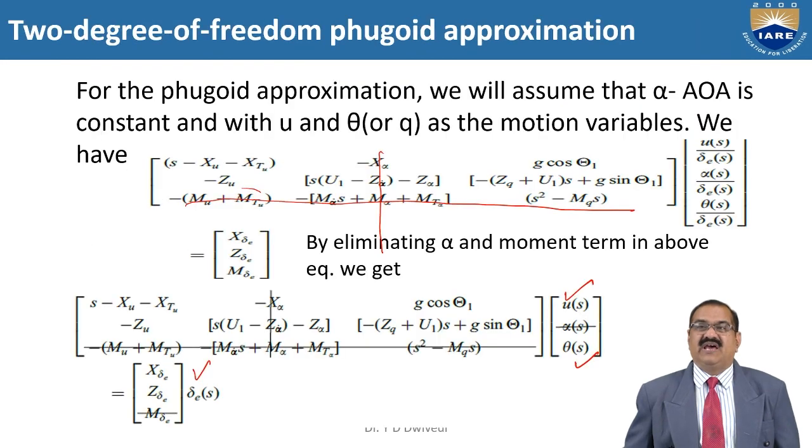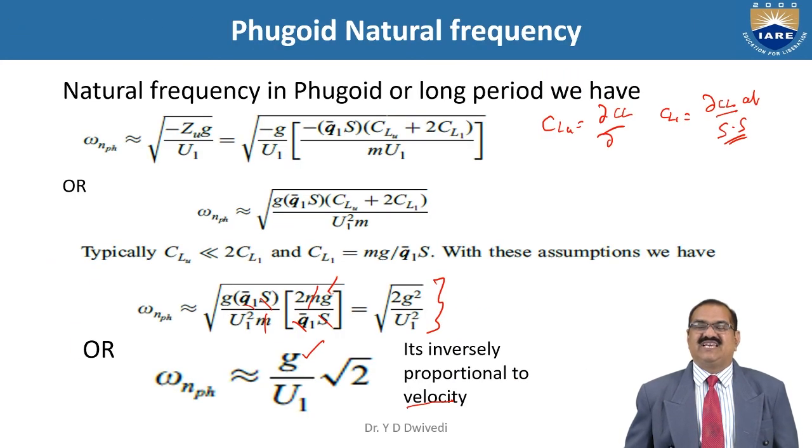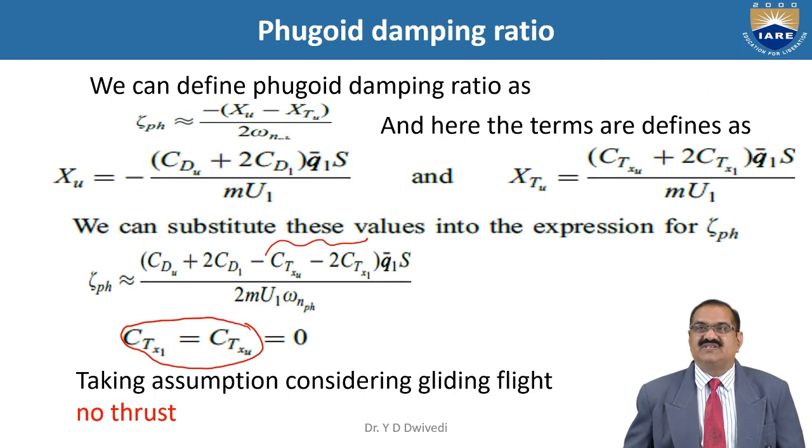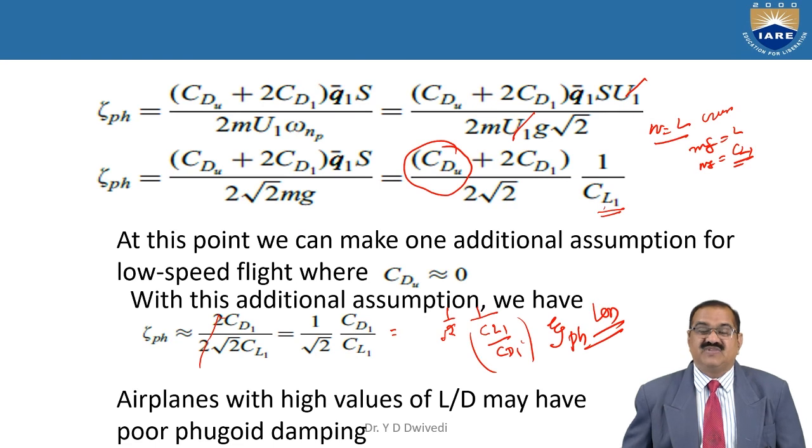In the same way, for the phugoid mode or the long period mode, the natural frequency is inversely proportional to u1, the velocity of the aircraft, and the damping ratio is inversely proportional to the L by D ratio.